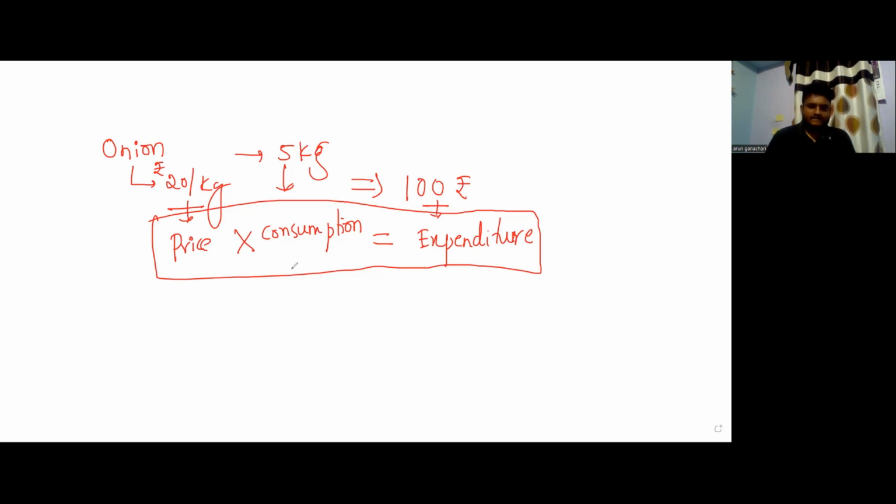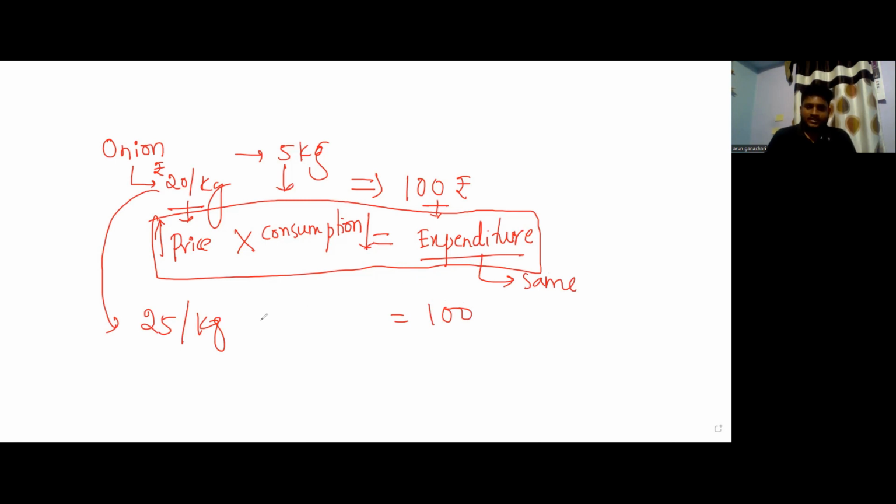Getting this? So as soon as the price increases, consumption has to go down to maintain the expenditure. If the price of the onion goes from 20 rupees per kg to 25 rupees per kg, what should be my consumption now to maintain the same expenditure? What is the expenditure? Expenditure is 100.